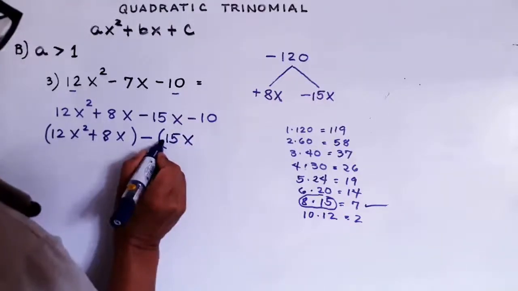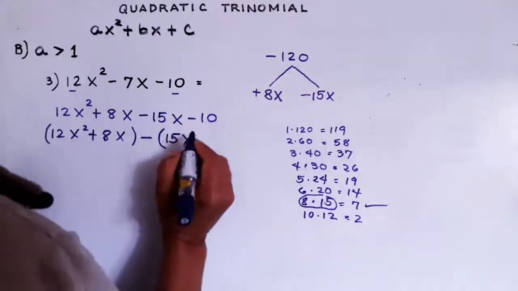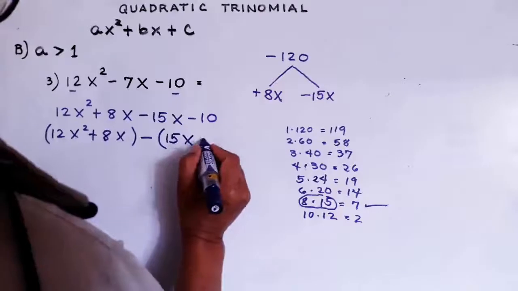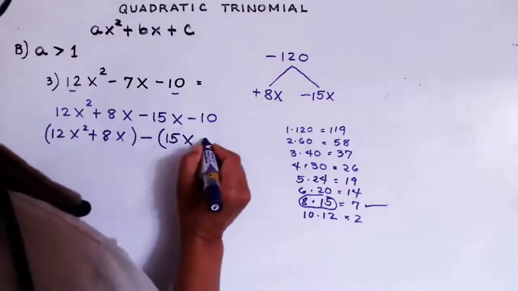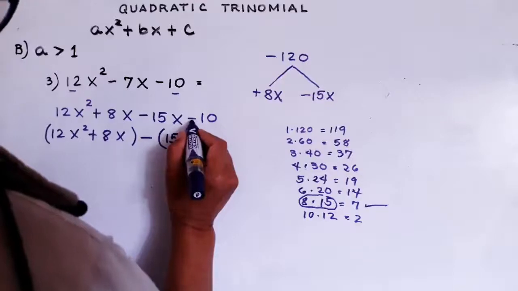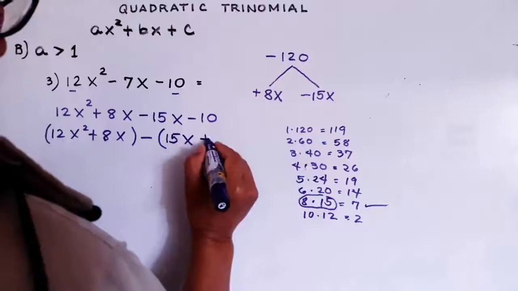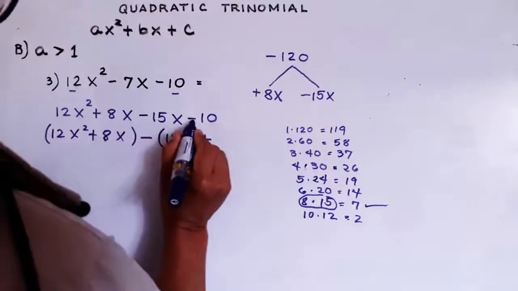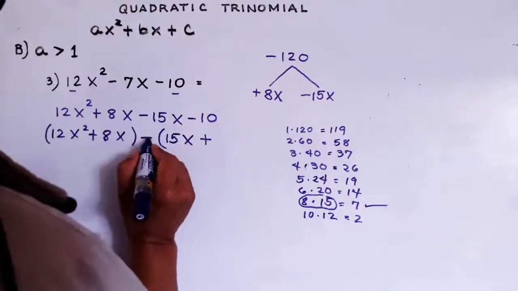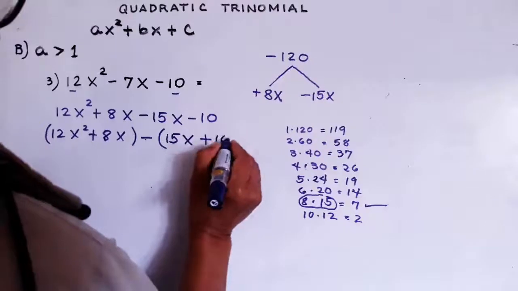Negative times positive, let's check, it's negative 15x. Now, this time plus, it will not be negative here, because negative times negative will give us positive, which is wrong. So for the 10, the sign should be positive because it will change. Negative times positive is negative. Okay, this one is 10.